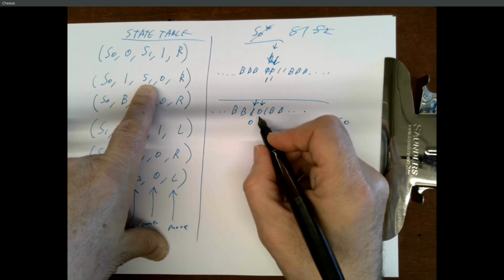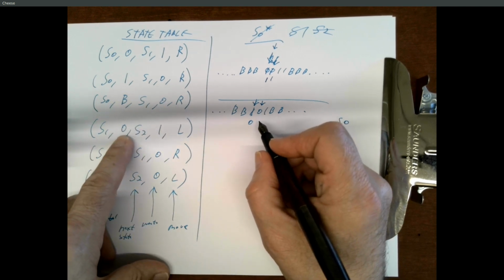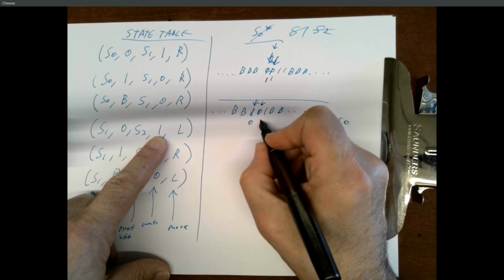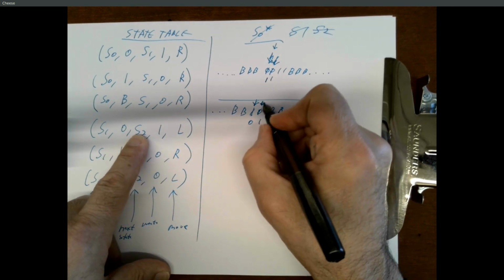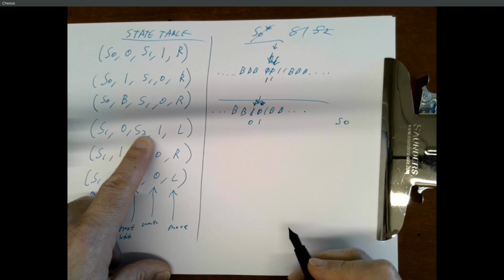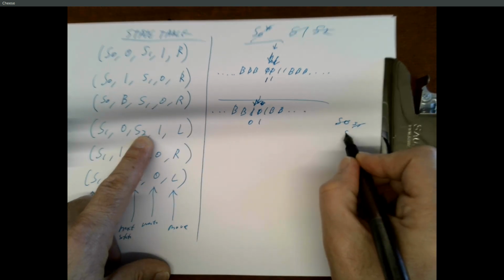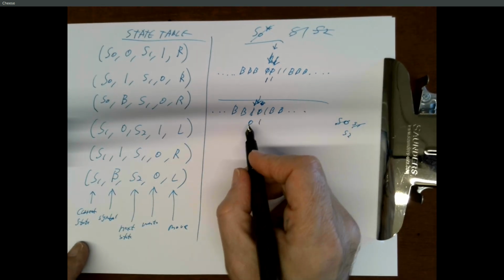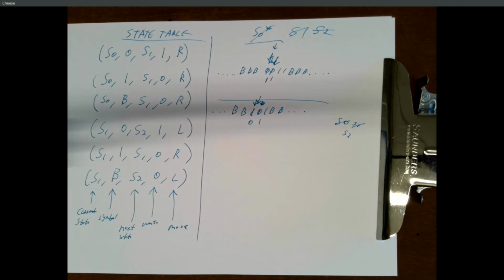So now we're in S1, we have a 0. That says replace that with a 1, move to the left, and go to S2. So now we're in S2 with a 0, and there is no rule, we stop. So we changed our 101 to a 011.